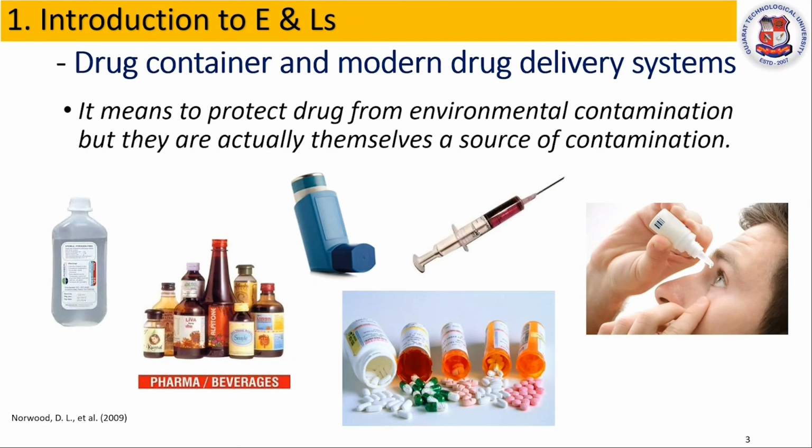Basically, it is believed that drug containers and modern drug delivery systems are meant to protect the drug from the environment and prevent contamination of products from the environment, but actually they themselves are a source of contamination many times.